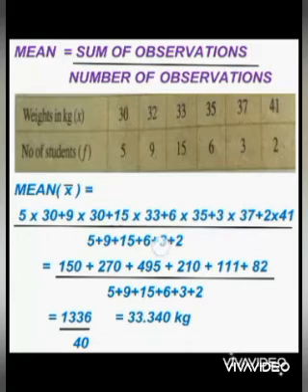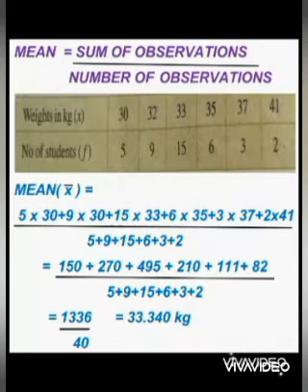What is the mean formula, children? Sum of the observations, meaning 5 into 30, 9 into 32, 15 into 33, 6 into 35, 3 into 37, 2 into 41, by the number of observations, meaning you should add all the frequencies: number of students 5 plus 9 plus 15 plus 6 plus 3 plus 2.